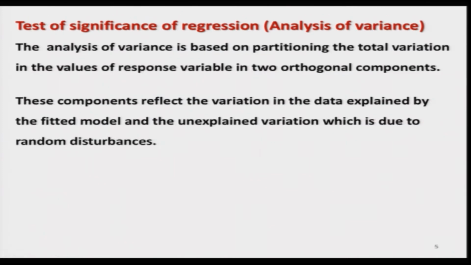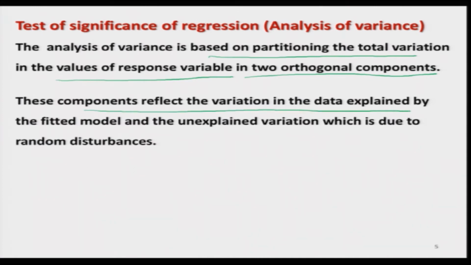This analysis of variance is based on partitioning the total variation in the values of the response variable into two orthogonal components broadly. These two orthogonal components reflect, number one, the variation in the data which is explained by the fitted model, and number two, the variation in the data due to random error, the unexplained variation which is due to the disturbance term or random errors.